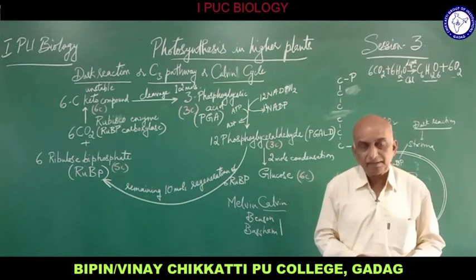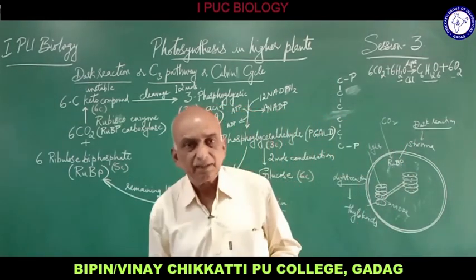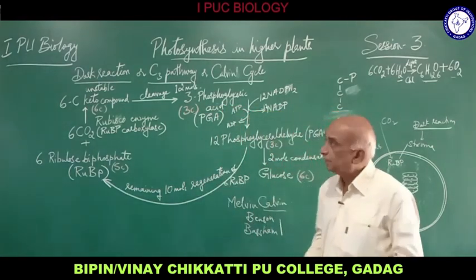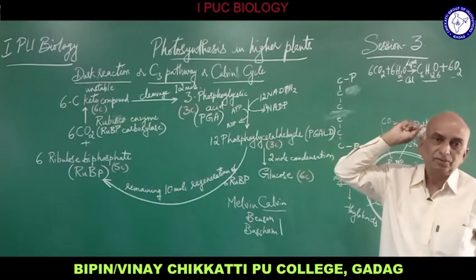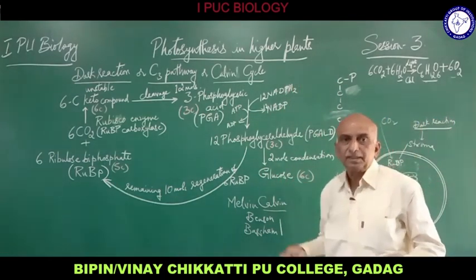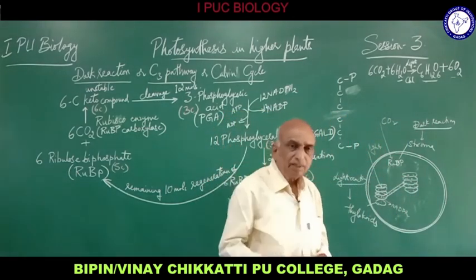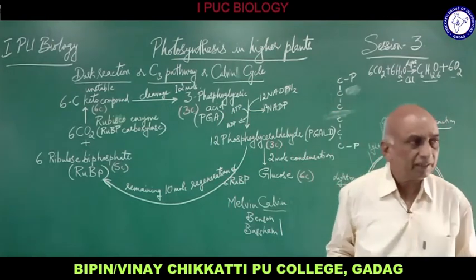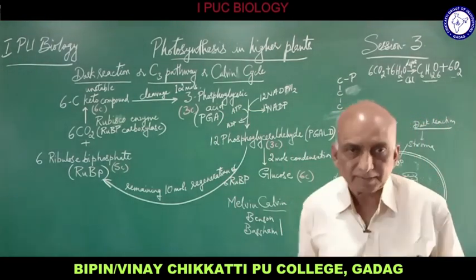Oxygen is released, but not by photolysis. Hence photosynthesis in bacteria is different. That is why we study photosynthesis only in higher plants. In higher plants it takes place this way, and it is different in microorganisms. So this is about photosynthesis in higher plants.